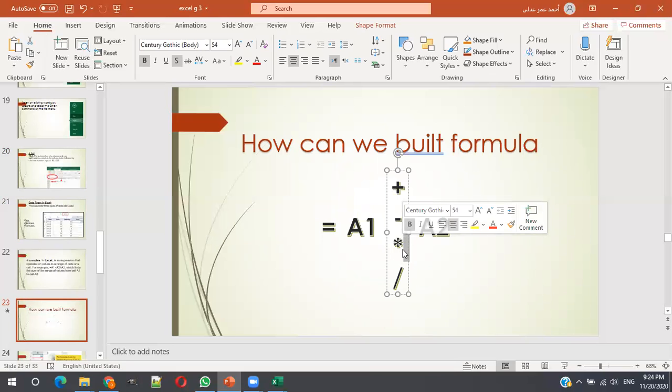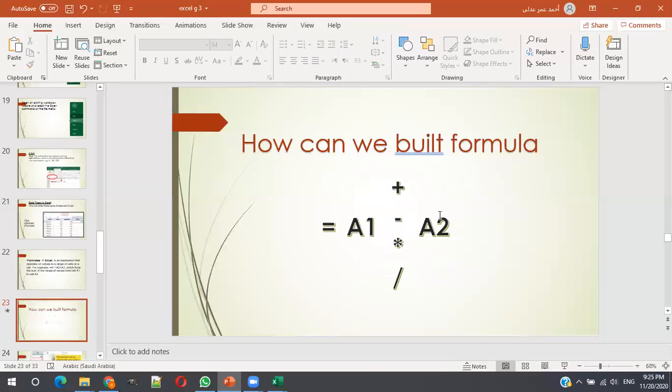We don't have the multiply sign on our computer, so we write a star. And divide will be a slash. We don't have the math divide sign, so we put slash for divide and star for multiply. And then the next cell.